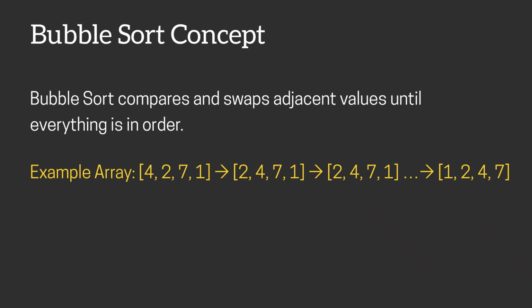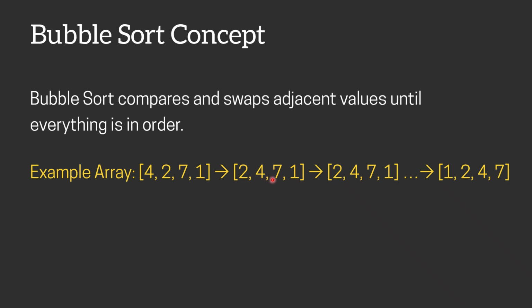Let's start with a simple sorting algorithm called bubble sort. Bubble sort compares two items side by side, and if they're in the wrong order, it swaps them. It does this again and again until the list is fully sorted, just like bubbles rising to the top of the glass. For example, if we start with 4, 2, 7, 1, first we compare 4 and 2 and swap them.